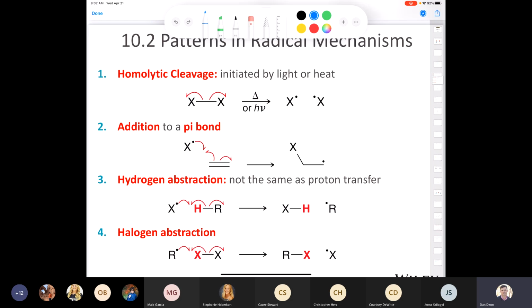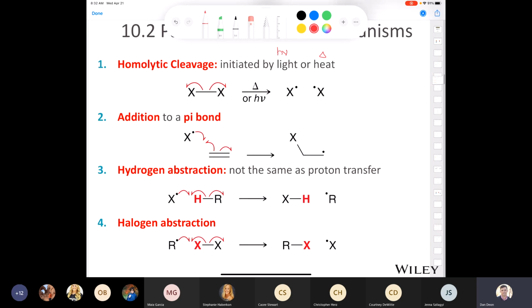We looked at the curved arrows for them. But what you're going to see in this class is when we do a homolytic bond cleavage in a mechanism, it will be initiated either by light, which we represent by h nu, Planck's constant times nu, which represents the energy of the electromagnetic radiation, or heat, for which we use the Greek symbol delta. So you need heat or light to get the reaction going.